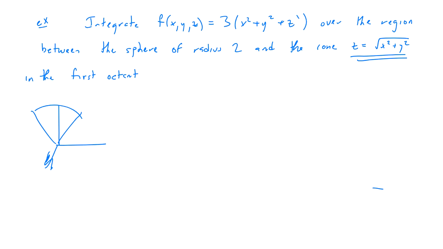So z is equal to rho cosine of phi. What is x squared plus y squared, putting it into polar coordinates?